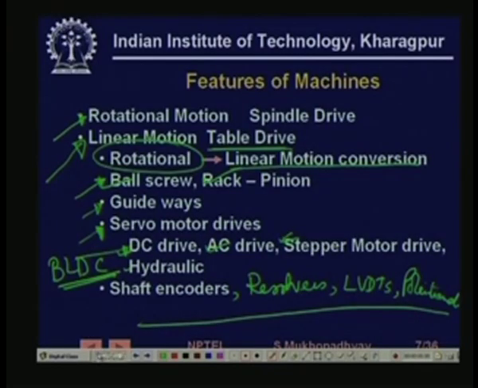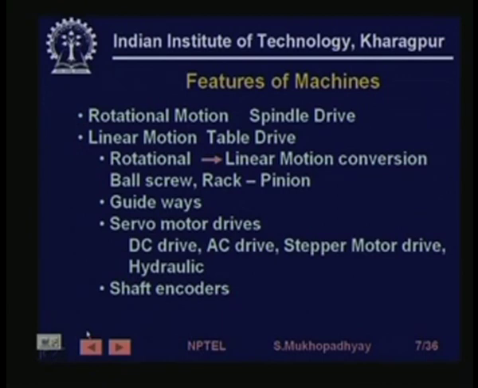Of course, there are various kinds of auxiliary parts. For example, there is very high heat generation at the tool workpiece interface, so liquid coolant has to be applied directly at the tool job interface, so that the interface does not heat up, because that will affect the quality of machining.